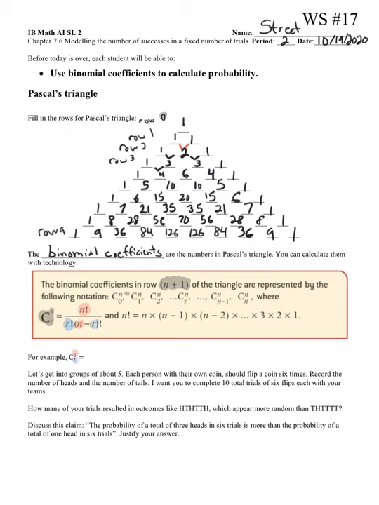So if we wanted to write this equation out, we would say 5 factorial divided by 2 factorial times 5 minus 2 factorial. And those factorials, that's the exclamation point, and we would just do 5 times 4 times 3 times 2 times 1. You'd always go from that number down. And then 2 factorial is 2 times 1. 5 minus 2 becomes a 3 factorial, which is 3 times 2 times 1.